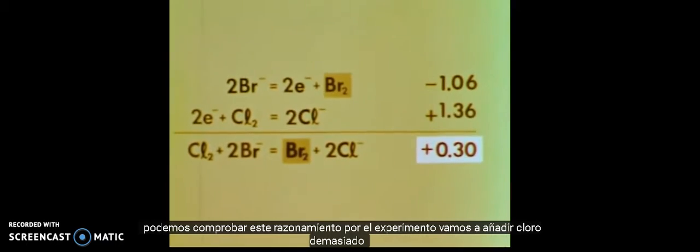We can check this reasoning by experiment. We'll add chlorine to concentrated seawater in an attempt to produce bromine. It works. The color gets deeper and deeper as more and more bromine is produced. The addition of chlorine has resulted in an aqueous solution of elemental bromine.